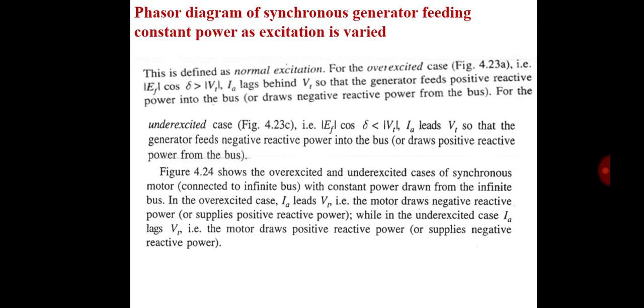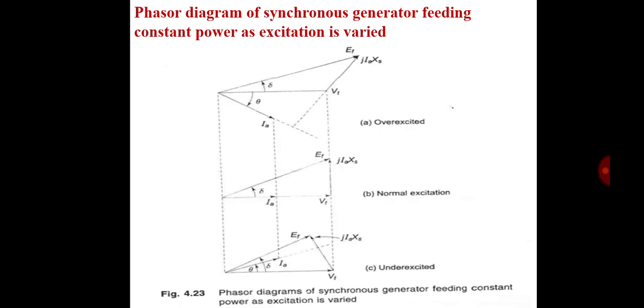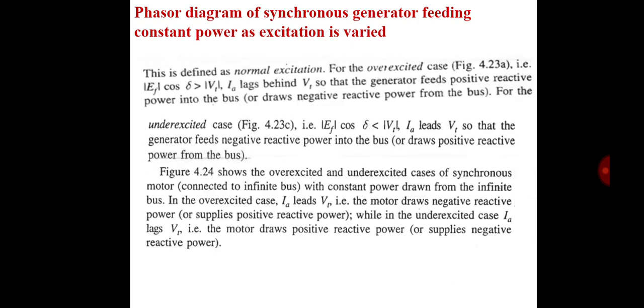In over excitation, Ef cos delta is greater than Vt, and in under excitation, Ef cos delta is less than Vt.